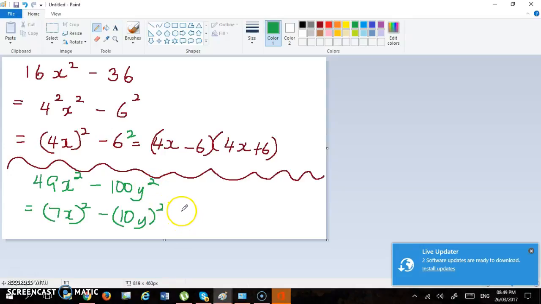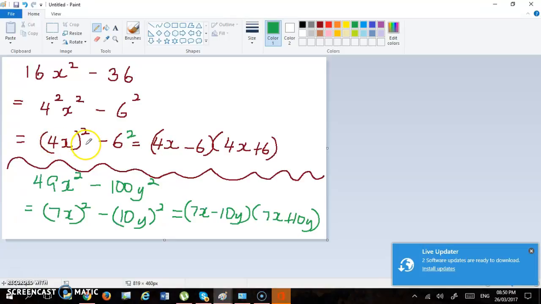So from here again, first term 7x take away 10y, and the other bracket I'll get 7x plus 10y. So that's basically it for difference of two squares.